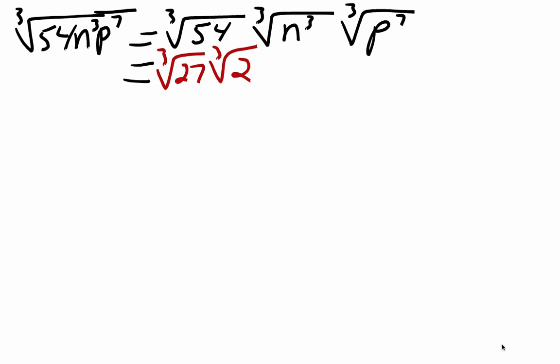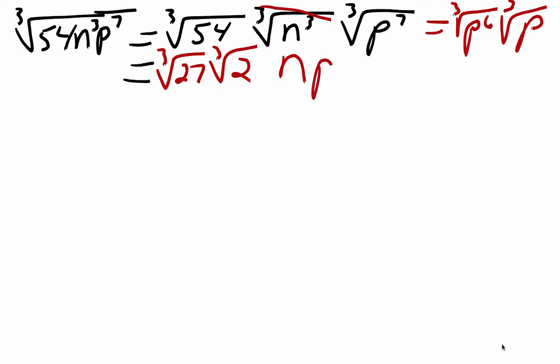And once again, the cubed root of something cubed just cancels out. So we're left with n. And this would be cubed root of p to the sixth and cubed root of p. So we can take 6 divided by 3, so we'd have p to the second, and then we'd have the cubed root of p left.